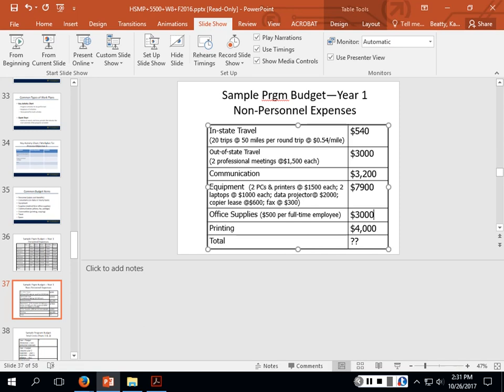So what is our total non-personnel budget for year 1? 21,640. Okay? Everyone feels that they know how we arrived at this figure? Okay.